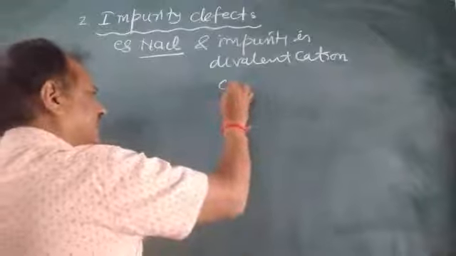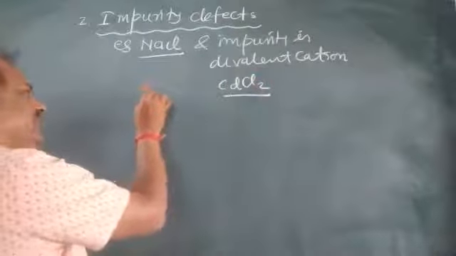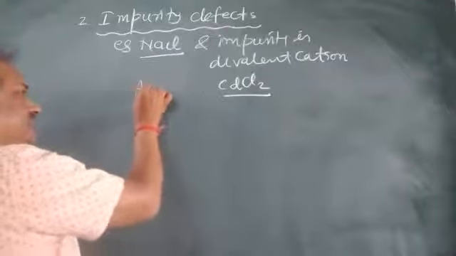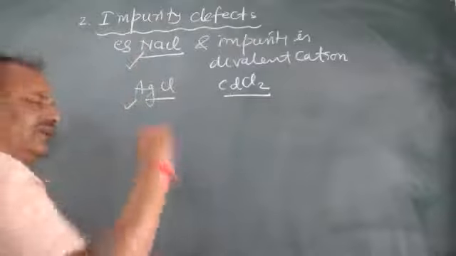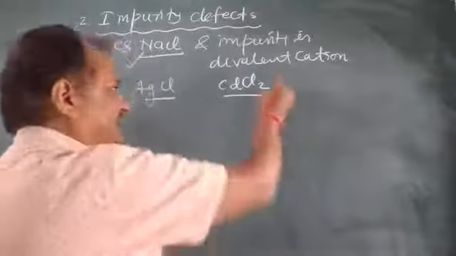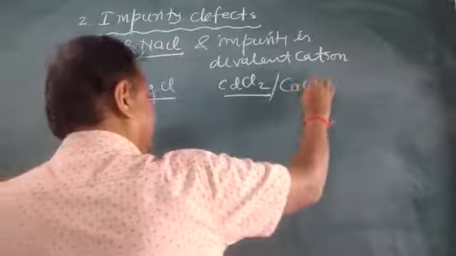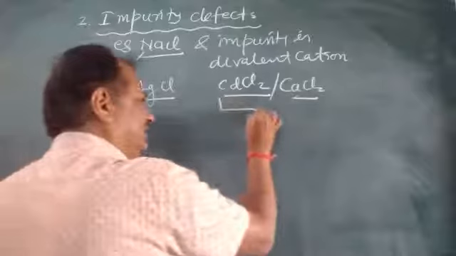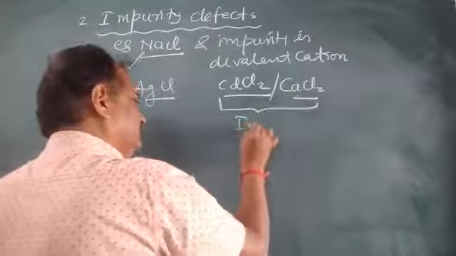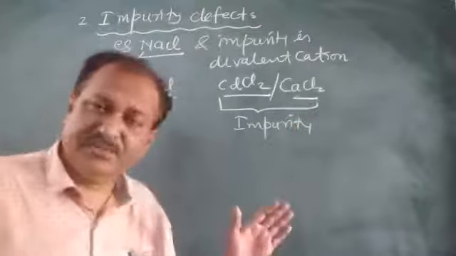Like you can have CdCl2, or here you can have AgCl, either NaCl or anything can be taken. In place of CdCl2, you can have CaCl2. But you have to keep in mind that this is the impurity.